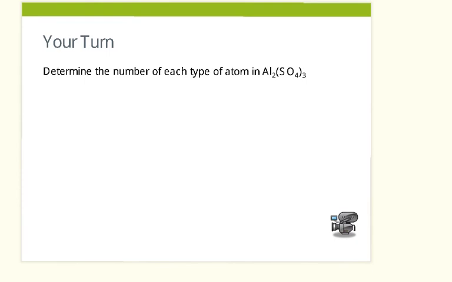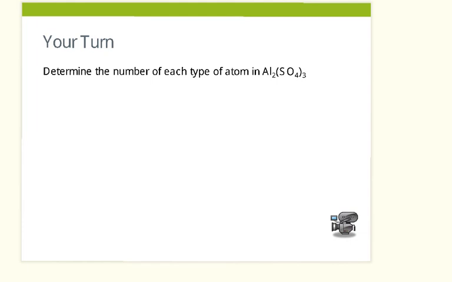Okay, now go ahead and try this on your own and determine the number of each type of atom in aluminum sulfate. Again, I learned to recognize that SO4 is the sulfate ion, and I have parentheses this time around it with a 3 on the outside of my sulfate. So this is saying that I have 3 sulfates for every 2 aluminum atoms, but I want to determine the number of each type of atom in aluminum sulfate.